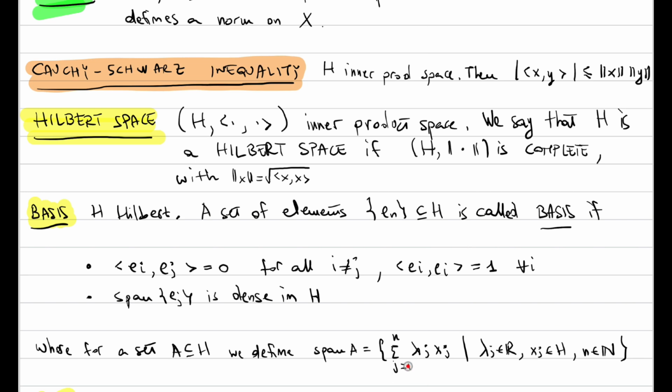It's just the set of all the finite linear combinations of elements in A, where the linear combinations are taken with respect to scalars in the field R, and these are finite. So you take finite linear combinations and then you close this set with respect to the norm, and you should get the whole H.